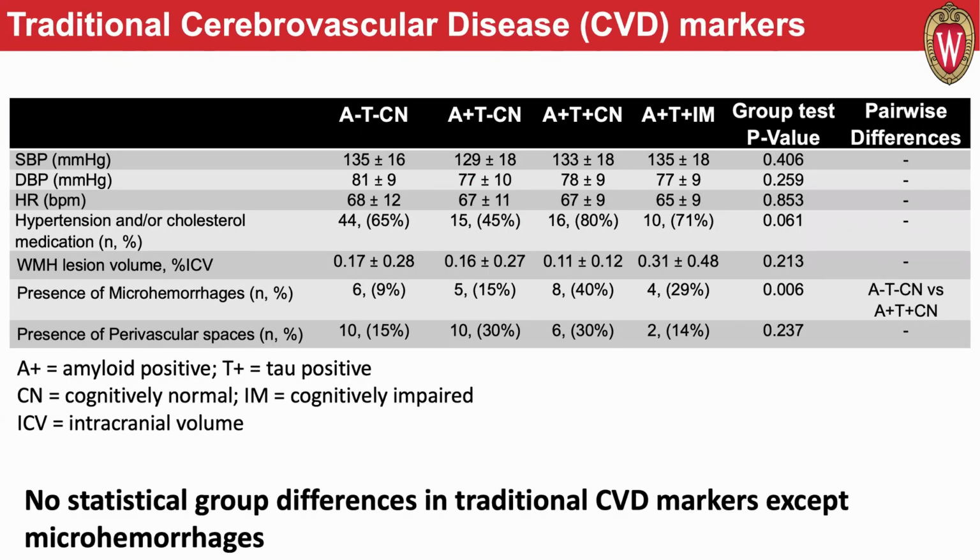And our findings show that traditional CVD markers, including blood pressure, heart rate, white matter hyperintensities, and perivascular spaces, were similar between these groups. However, we noticed significant differences in the presence of microhemorrhages between age-matched controls and amyloid and tau biomarker positive subjects that were cognitively normal, indicating perhaps the presence of cerebral amyloid angiopathy or a small vessel disease.